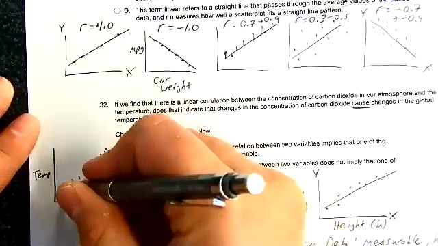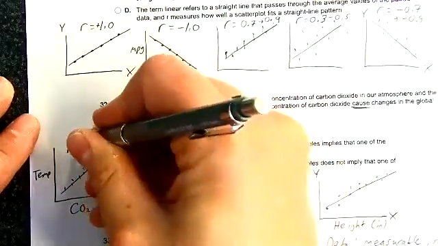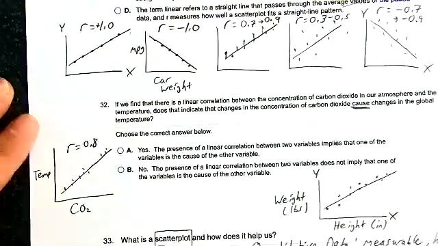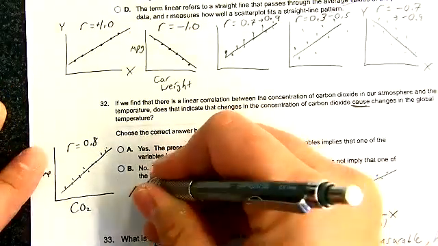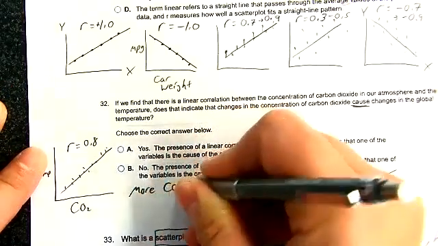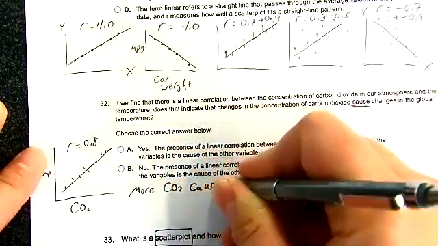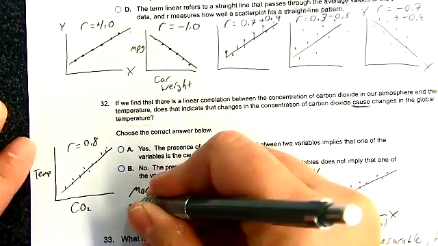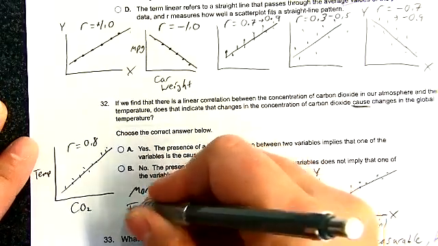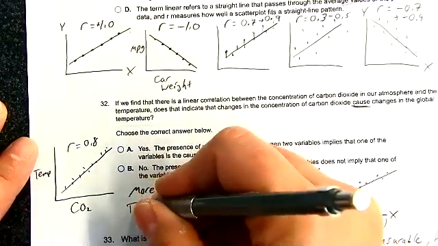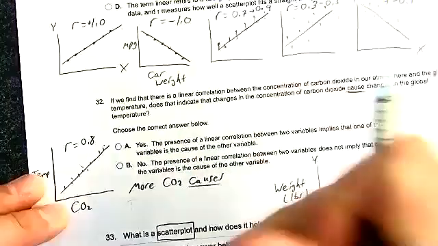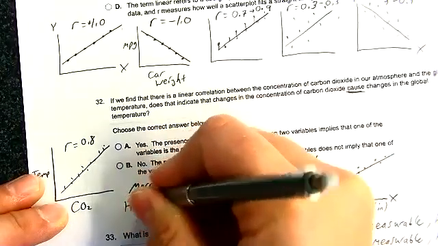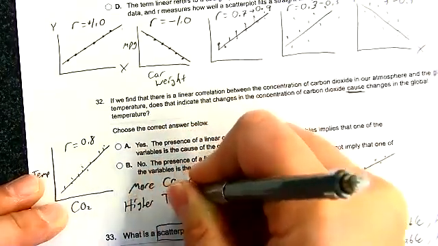So an R value of maybe 0.8, maybe 0.9, pretty high. Can we say then that more CO2 causes higher temp?